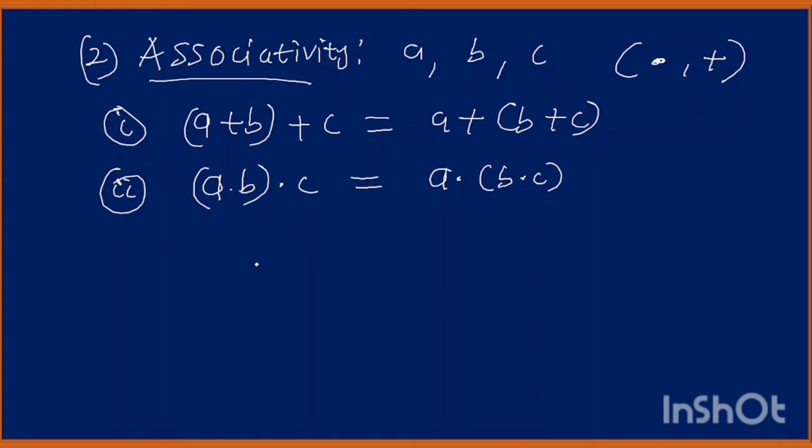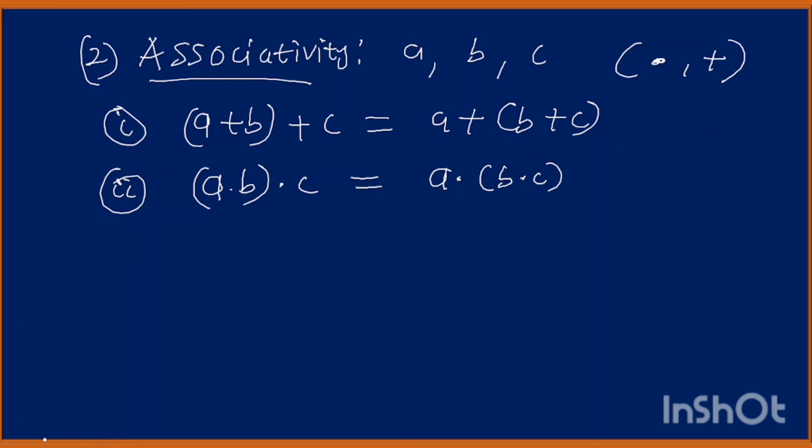So what is this rule trying to tell us? It's telling us that if we first add the 2 numbers in the bracket before adding the C, is it the same thing as keeping the first number before adding to B plus C? The same thing happens for multiplication.